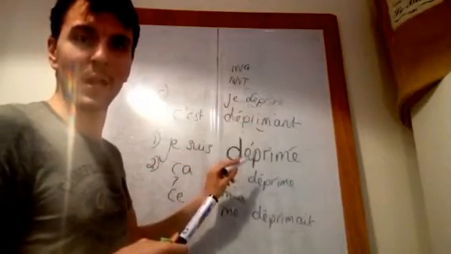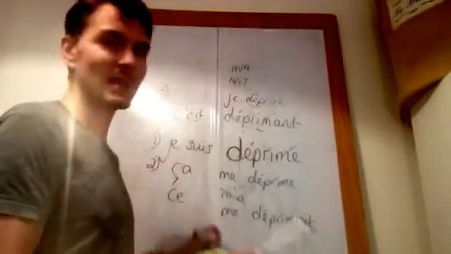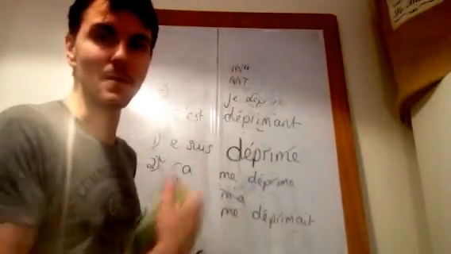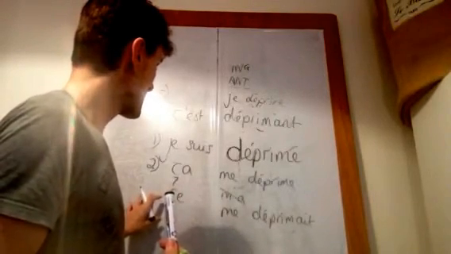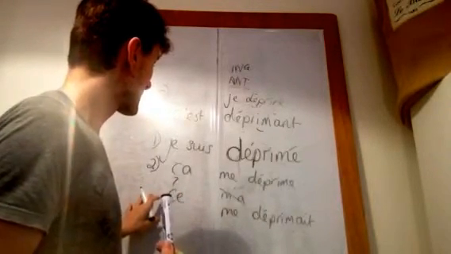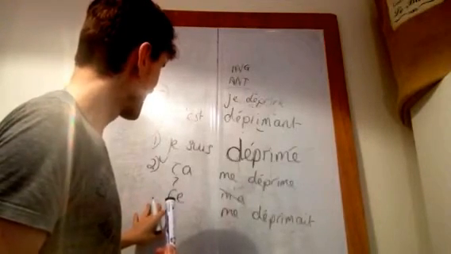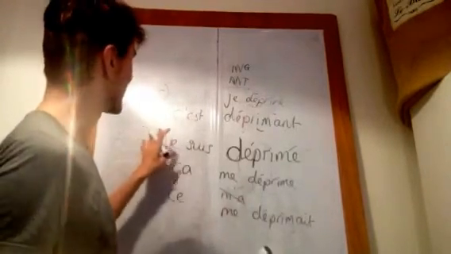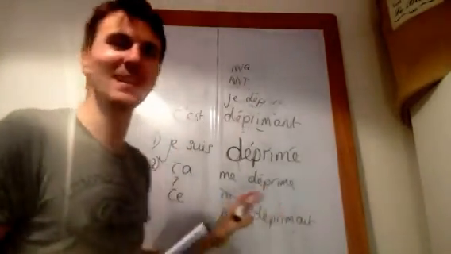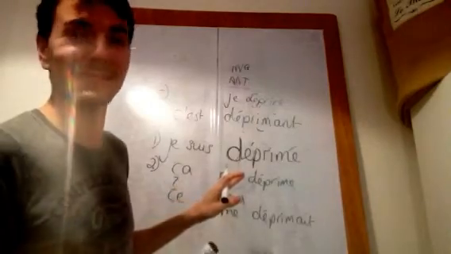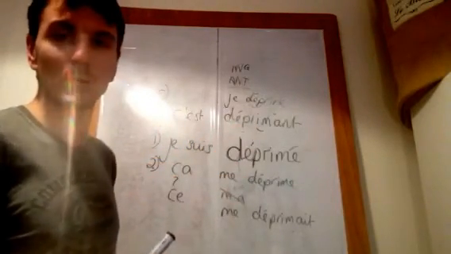Number 2, that depresses me, ça me déprime, il me déprime, elle me déprime, quelque chose me déprime. Number 3, it's depressing, c'est déprimant. I think we've ended up with 5 instead of 4. So my knowledge of numbers is depressing. So it's depressing, c'est déprimant, or je déprime.